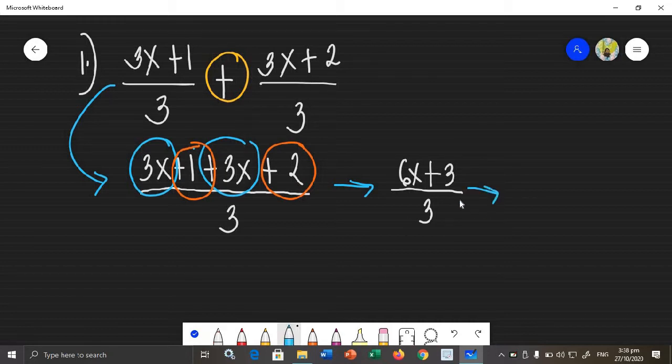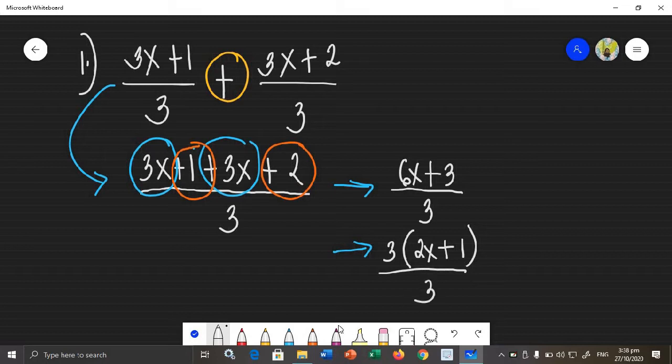Here, it is not yet simplified. Therefore, we will factor the numerator using factoring polynomials with a common factor. The common factor is 3 times the quantity 6x divided by 3, that is 2x, and 3 divided by 3, that is 1, all over 3.